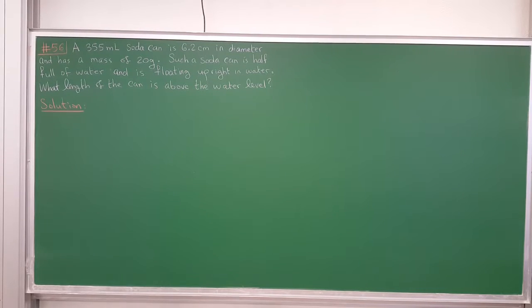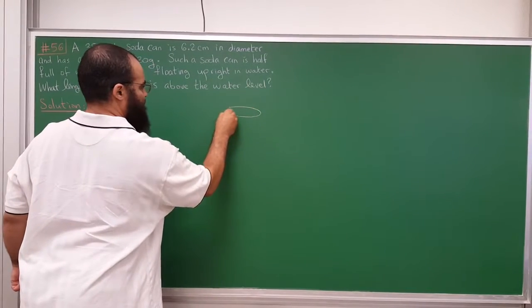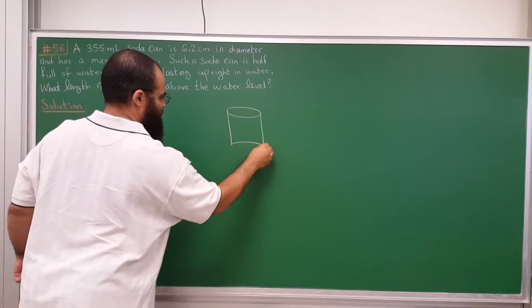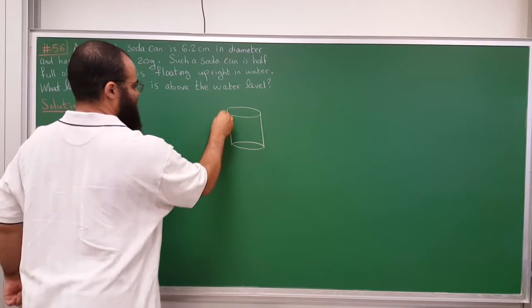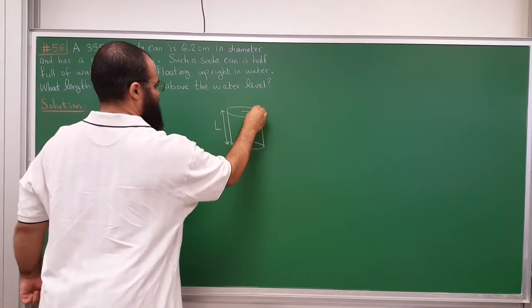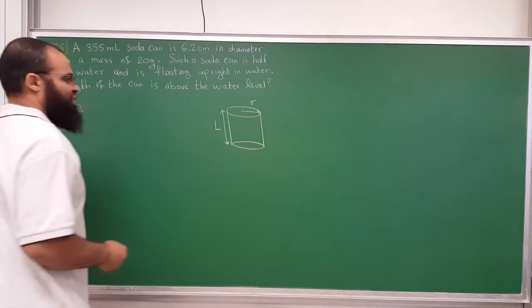So let's see. The soda can looks like so. This is the length of the soda can, from here to here. And this is R, the radius of the soda can. And this is the volume of the soda can.